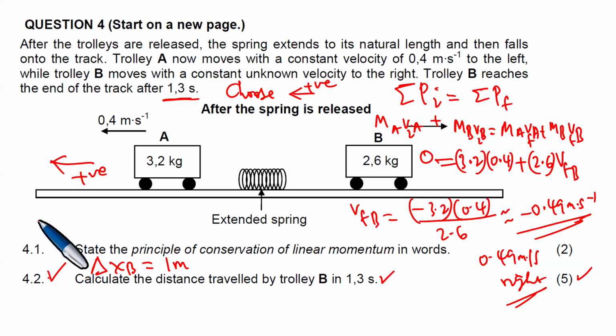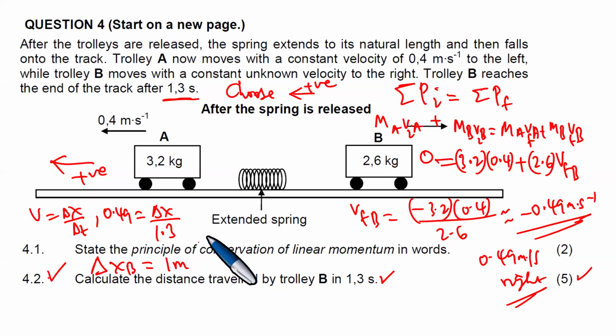But what we then know is that B is delta X over delta T, which is 0.49 times 1.3.